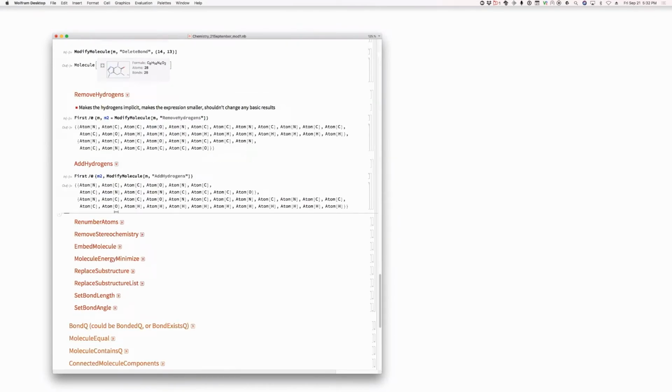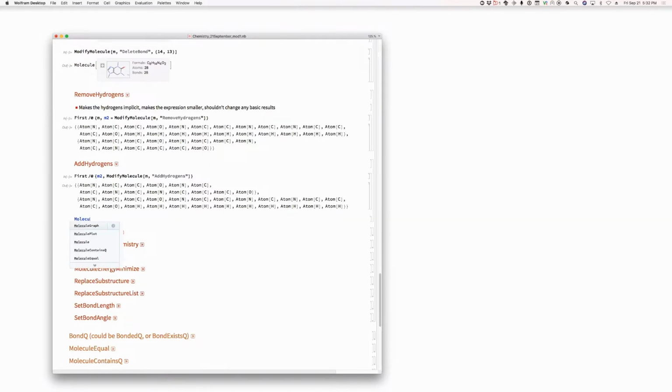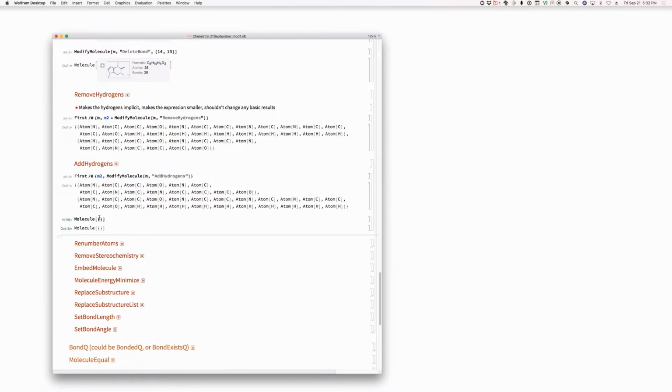So if I say, how do I make a blank molecule? If I just say molecule of nothing, blip. What do I do? How do I make a blank molecule? So it would be 2 empty lists.